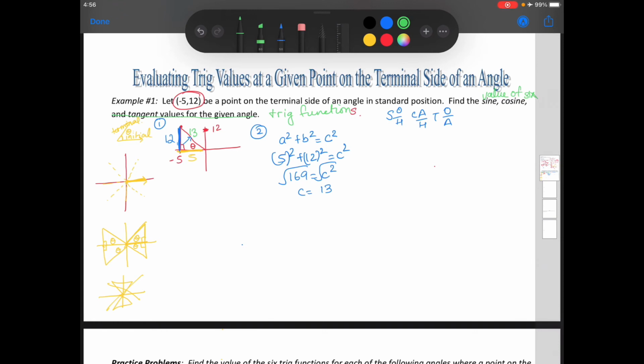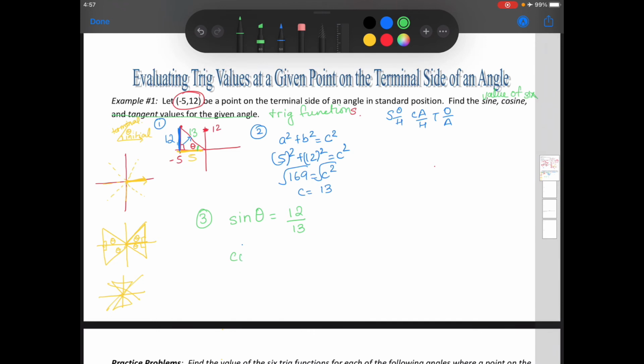So now you can write the ratios. Let's start with sine. Sine of theta will be what? Sine is opposite over hypotenuse. So what's my opposite? It is in reference to your angle theta, and your angle theta is between the x-axis and the terminal ray. You cannot pick this to be theta, so please don't do that, okay? So its opposite is 12, over 13.